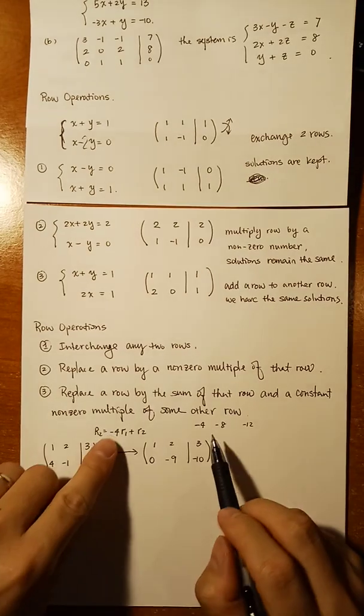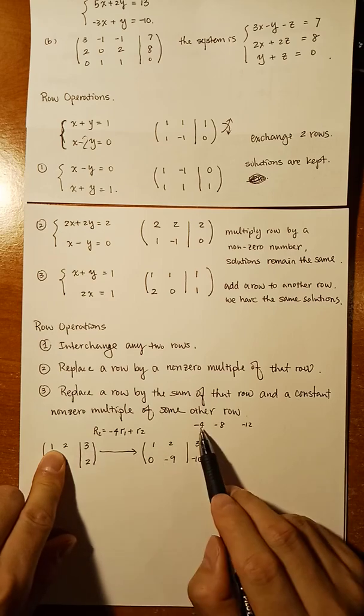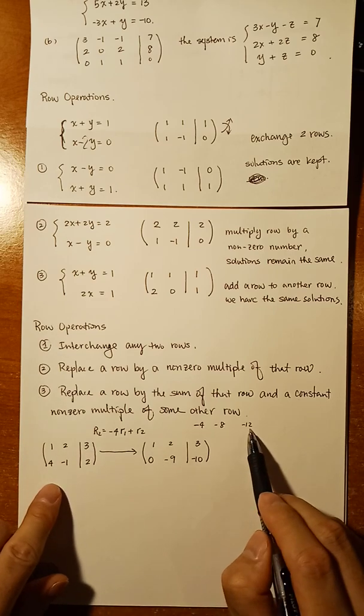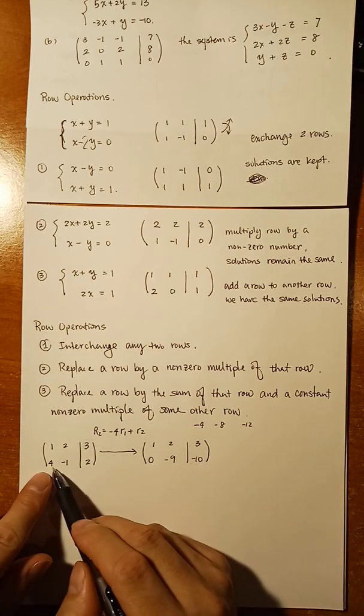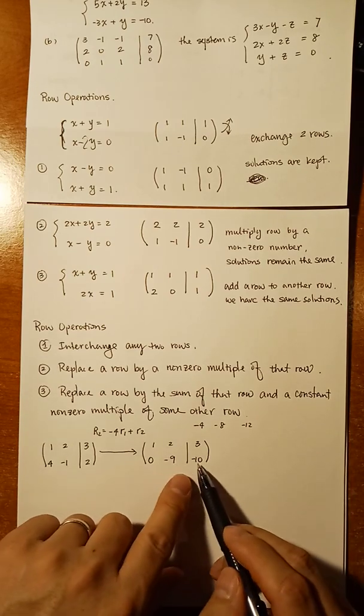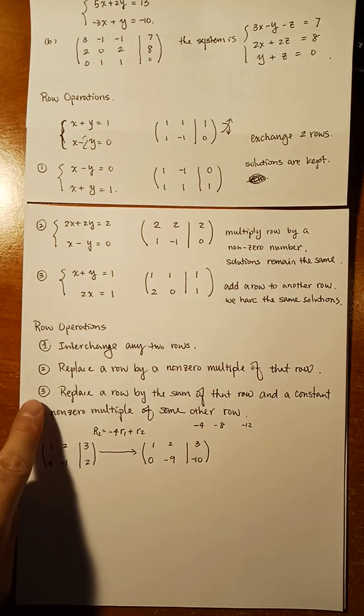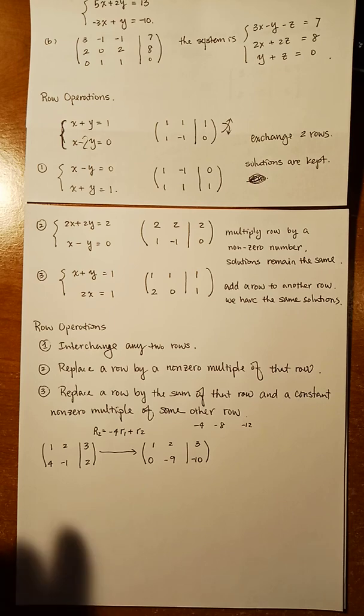You multiply the first row by -4 and get -4, -8, -12, and you add them to 4, -1, 2. You get 0, -9, -10.